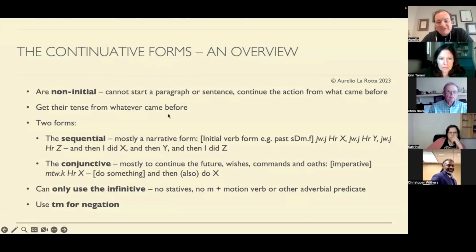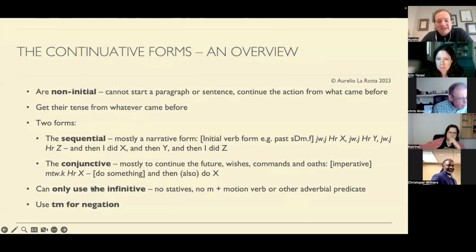They take the tense from the beginning of the sentence, and two major forms: the sequential, which uses iw plus subject plus infinitive, and the conjunctive, mostly used for future and wishes, which uses tw. And we've seen that quite a bit. Oh, no, m2 plus subject. Could be a nominal subject, could be another pronoun. They all use the infinitive, like I said, and tm for negation.